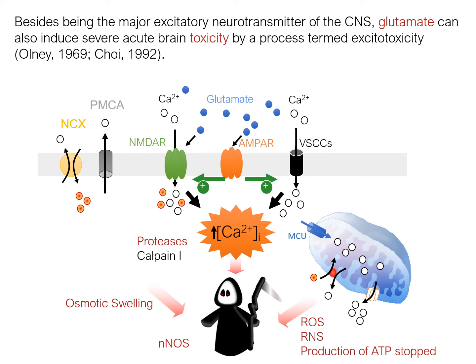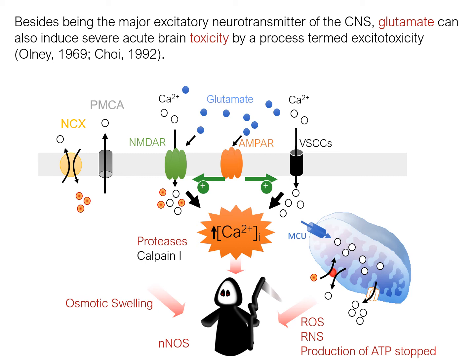The calcium influx activates different enzymes, like proteases such as calpain, and the neuronal nitric oxide synthase, or NOS. And these processes induce osmotic swelling, but also mitochondrial disruption.